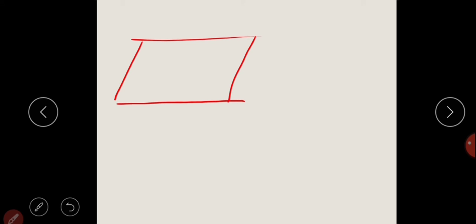So we have a parallelogram shape. Let's suppose this is actually 5 centimeters. And this is actually 6 centimeters.